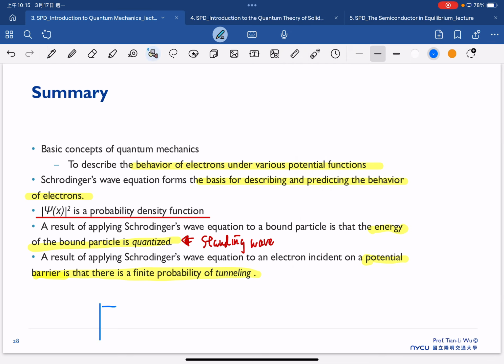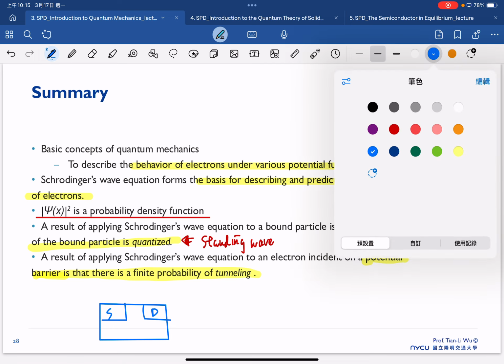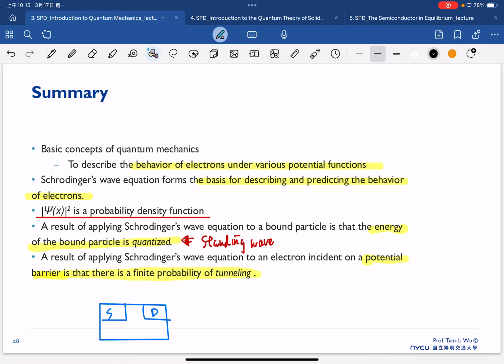Like I say, one of the practical cases for why we need quantum mechanics is that it helps us understand why a carrier, an electron, can flow to the top.